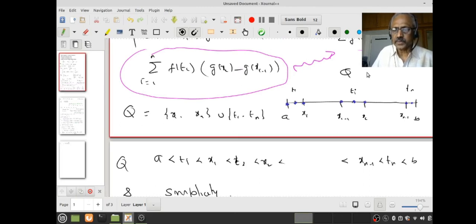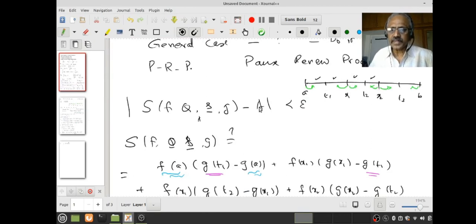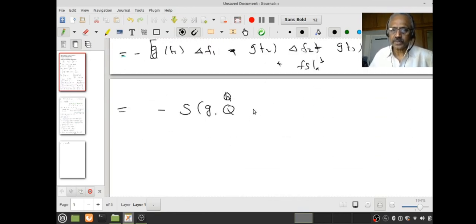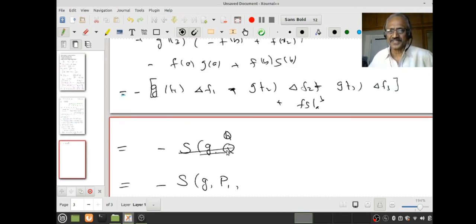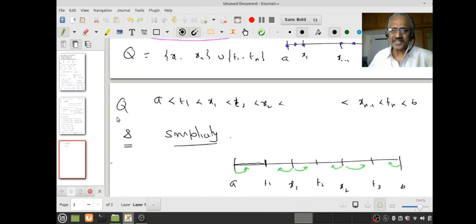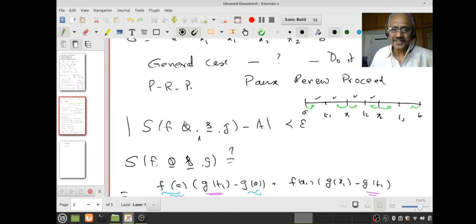So start with any q with x0 to xn, and if you want, call it any p1 which is finer than p, and let q equal to this. So I am writing with respect to that p1 now. Are you following? I'm sorry for the notation, but if you know how I do mathematics by now, you should know this. Unfortunately I chose this as q. Maybe you can write it as q1. Keep this as q, keep this as q1. So this is the sum for f with q1.